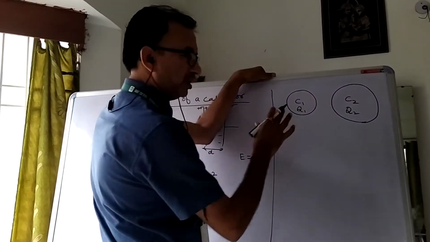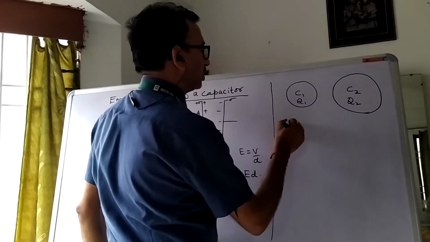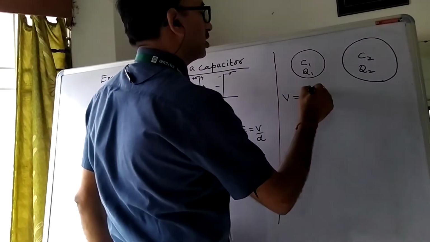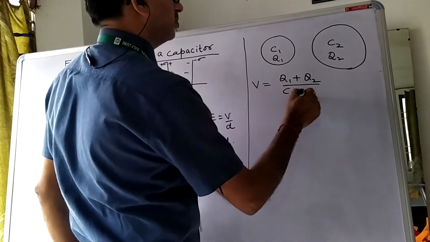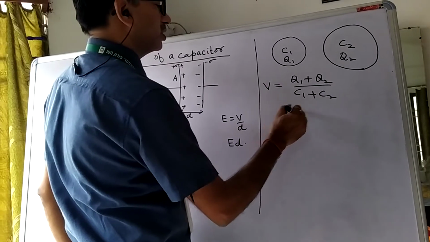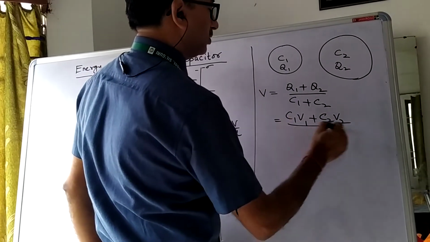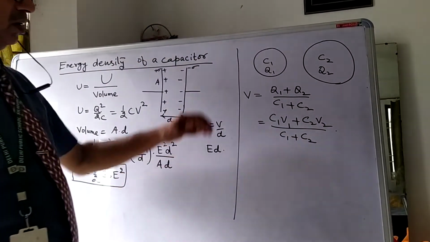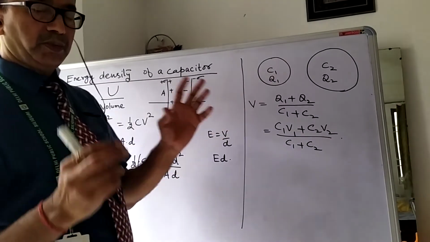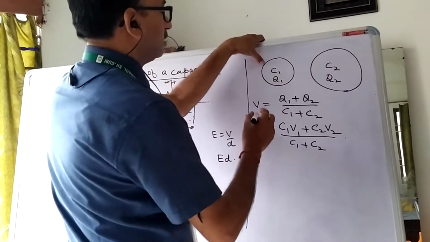Now, when they are brought in contact, what will be the common potential? The common potential V will be total charge Q1 plus Q2 divided by C1 plus C2, that is C1 V1 plus C2 V2 divided by C1 plus C2. So what will be the charge?